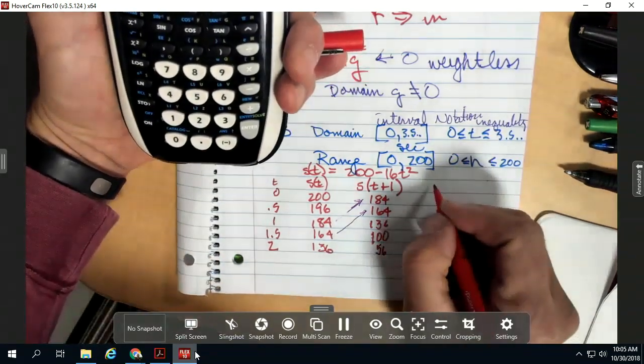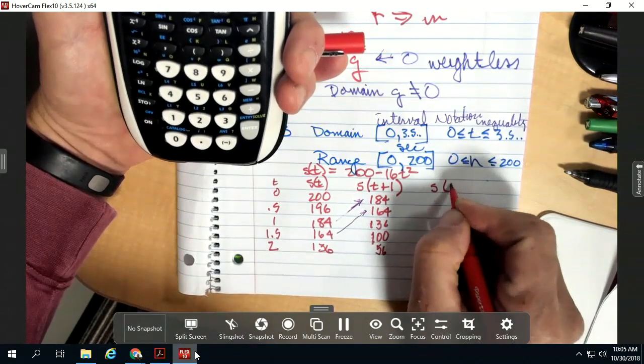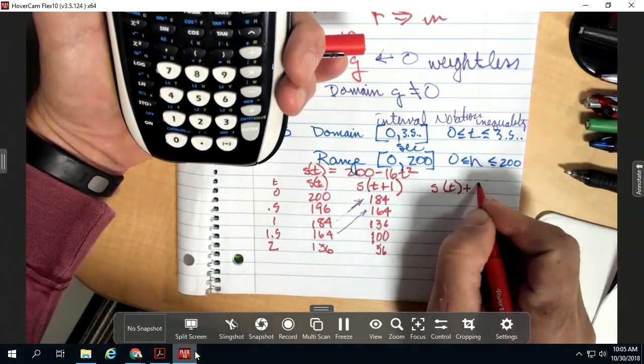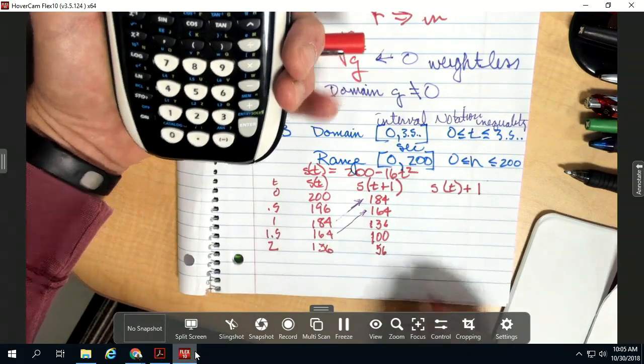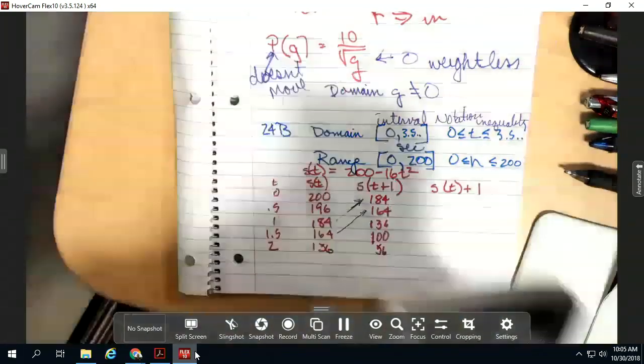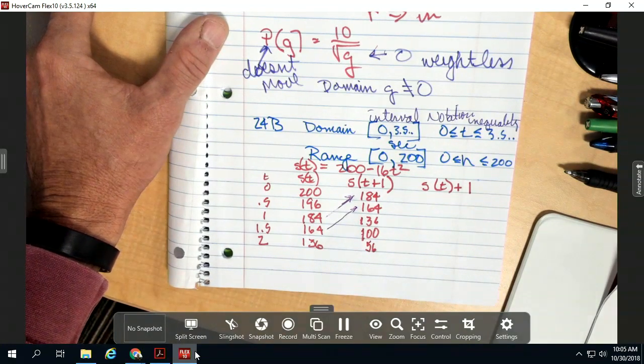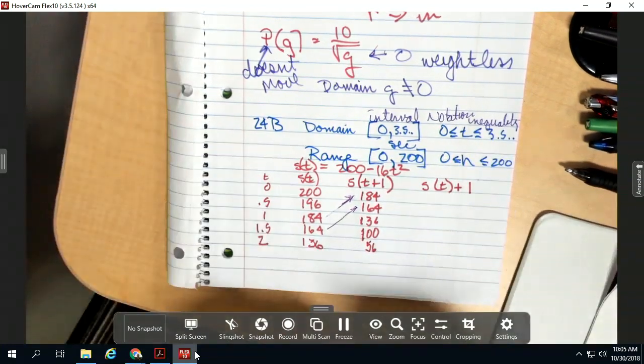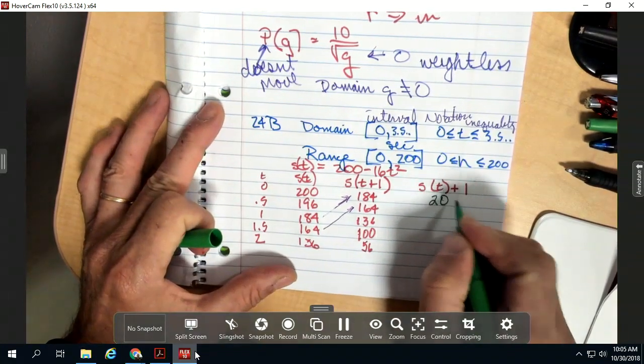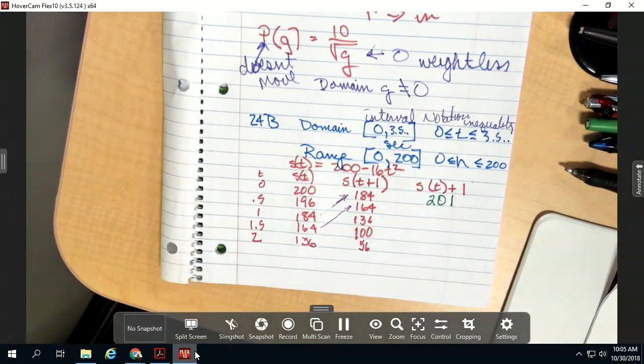Next column over, S of t plus 1. So the first one they give us is 201. How is that 201 related to our first S of t? It's just one bigger than S of t. So do you think you're going to need your calculator to fill in the rest of this column?